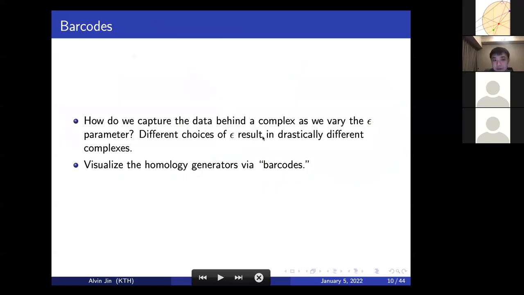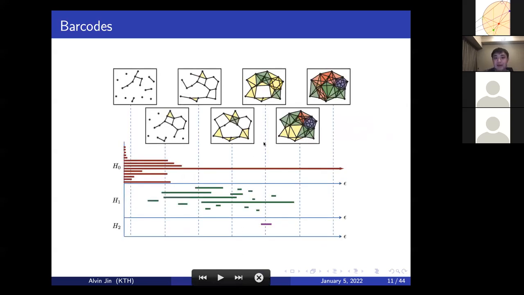And what do we do once we form this complex? Well, we count the number of holes. What do I mean by that? I mean that at every epsilon, as I vary the size of the balls, as the radius of the balls increases, I'm going to check how many holes there are at each step.